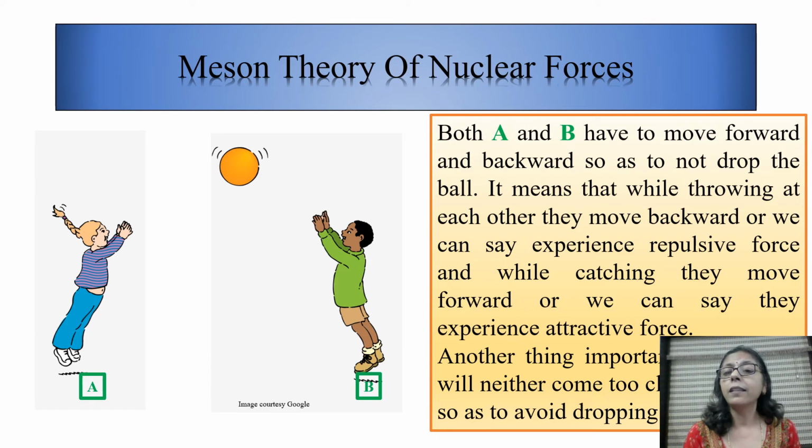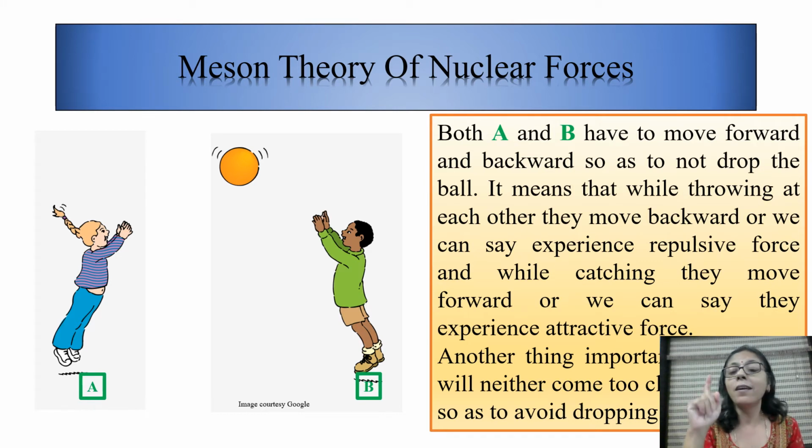It means that while throwing at each other, they would move backward, or we can say they would experience a repulsive force, and while catching, they would move forward, or we can say that they are experiencing an attractive force. Another most important thing that you need to remember is that they will neither go too far away from each other nor come too close to each other, just to avoid dropping the ball.